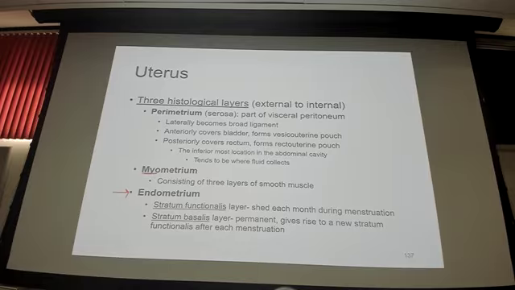The stratum functionalis, the easiest way to think of it, the word functional, is the one that moves and does stuff. That's what sloughs off with menstruation. And the stratum basalis is the basal layer that is always there. That does not come off during menstruation after a lack of fertilization. And endometriosis, just briefly, is endometrial tissue that is growing somewhere else where it doesn't belong.